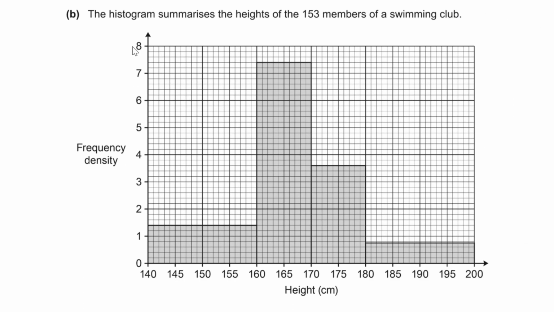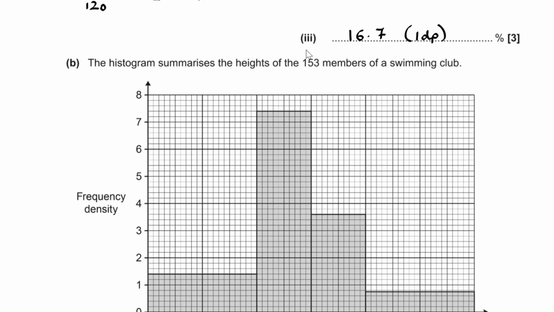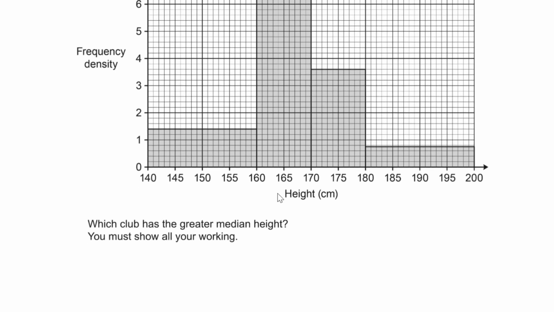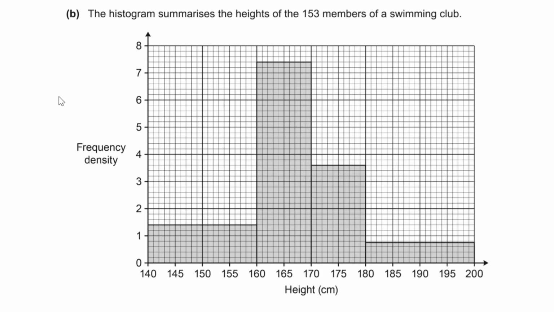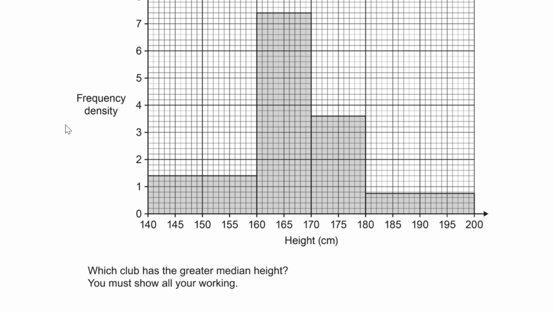And now for part B, the histogram summarizes the heights of the 153 members of a swimming club, and which club has the greater median height. You must show your work. Now, what we can do first of all is find the frequencies for each of these intervals.